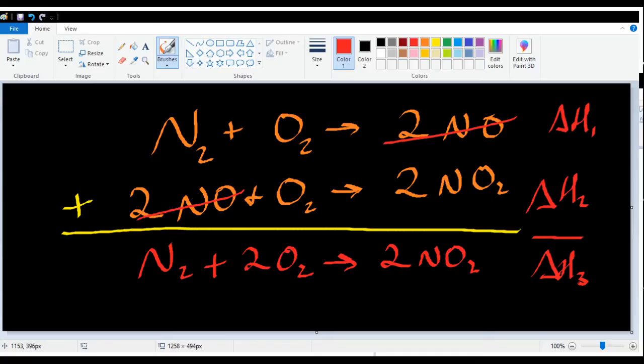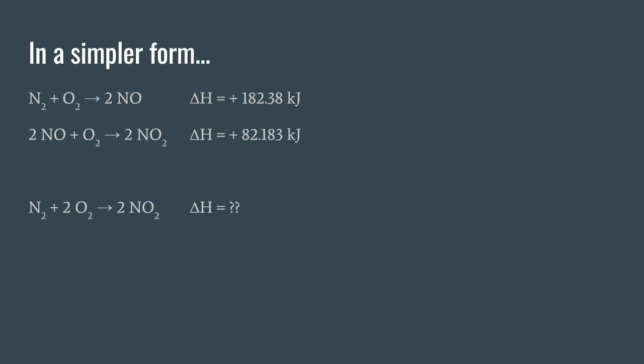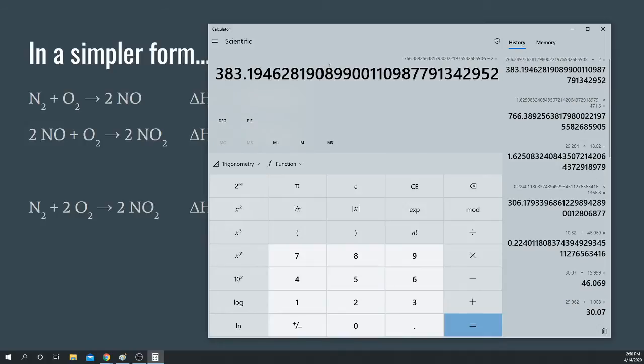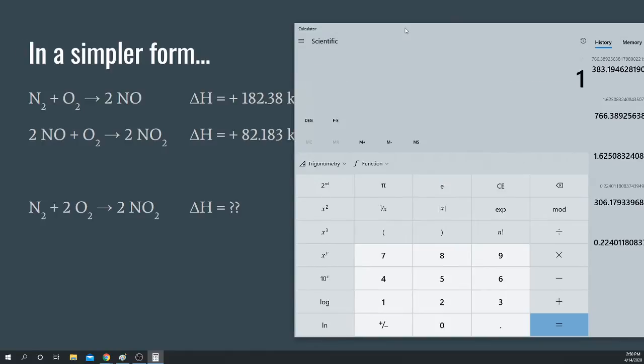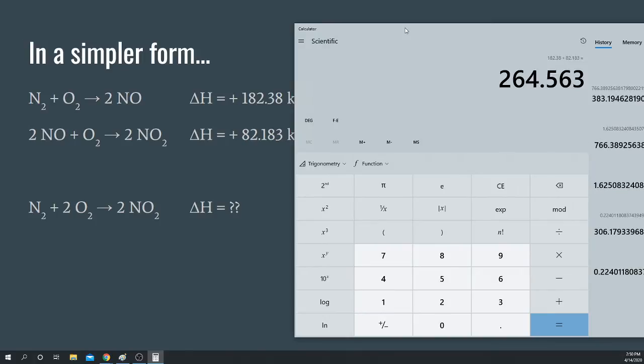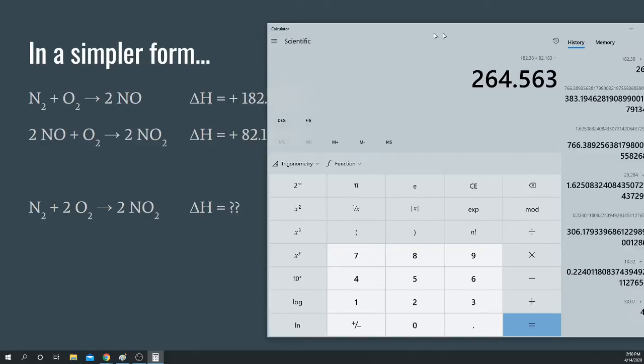The enthalpy of reaction we're looking for is going to be 182.38 plus 82.183. This enthalpy of reaction down here is positive 264.56 kilojoules per mole. So that is a very simple Hess's law problem.